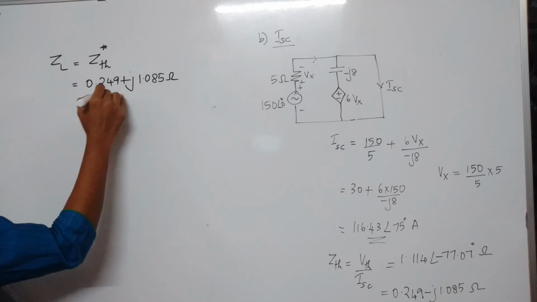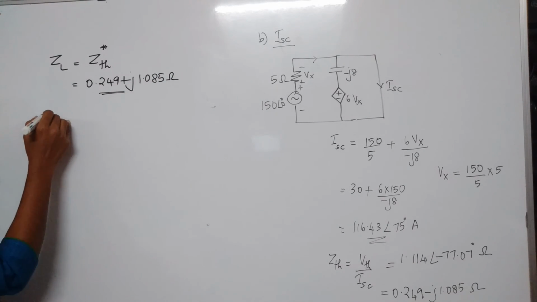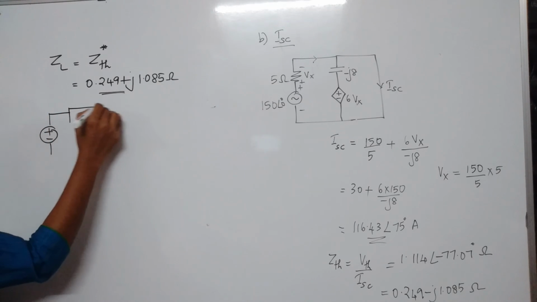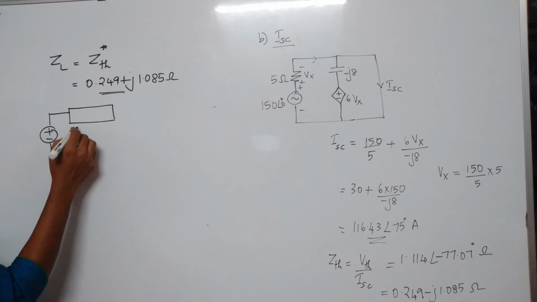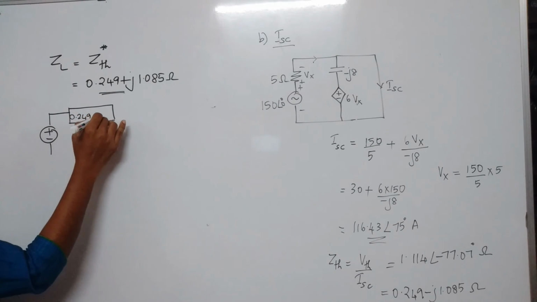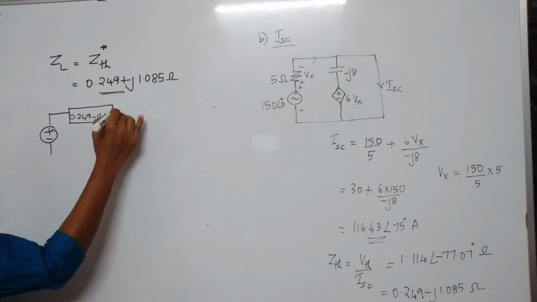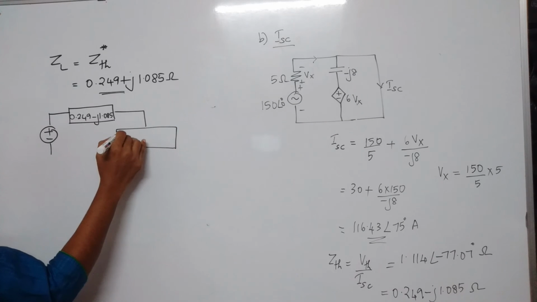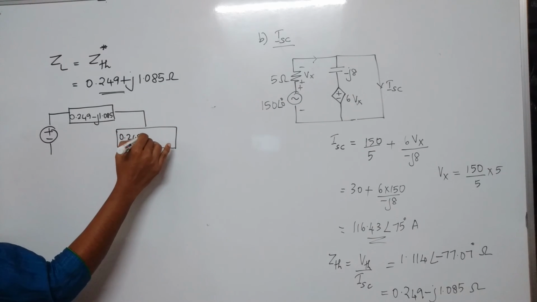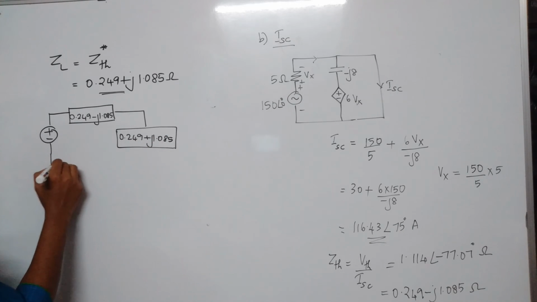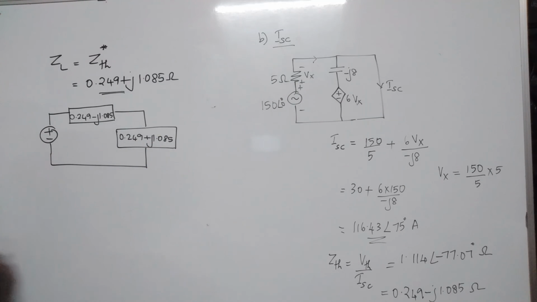Now we can draw the equivalent circuit. VTH, then we have 0.249 minus J1.085, then we have our load 0.249 plus J1.085.